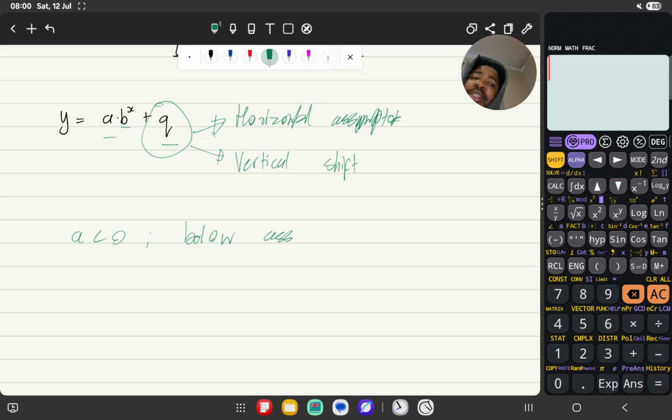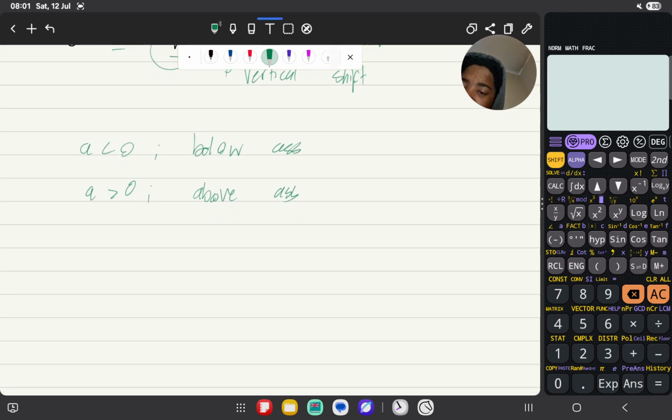Your A is negative, your function is going to be below your asymptote. And of course, the opposite is true. If A is positive, then it's going to be above the asymptote. So that is just A.